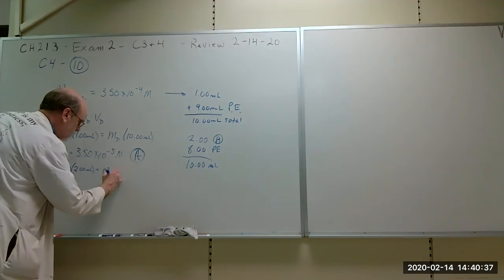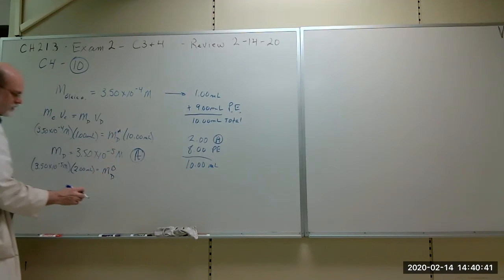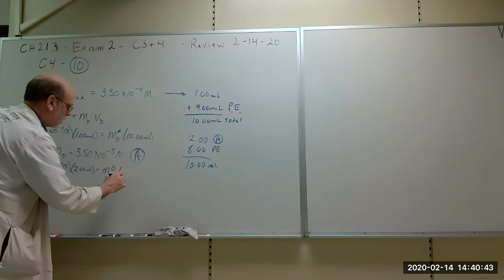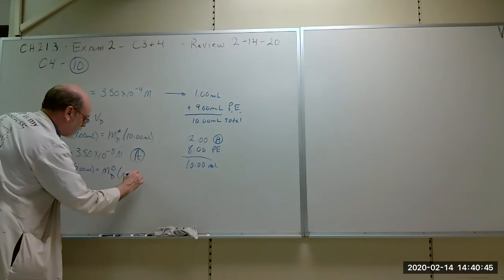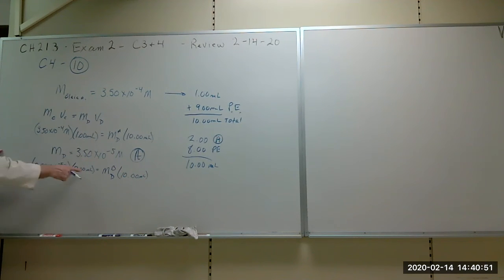Okay, so now the new diluted, so this is diluted A and this is diluted B. We're going to end up with 10 milliliters here. So now we just solve for that. So it's 2 times this divided by 10. So what's 2 times 3.5? It's 7 times 10 to the minus 5th molar divided by 10.